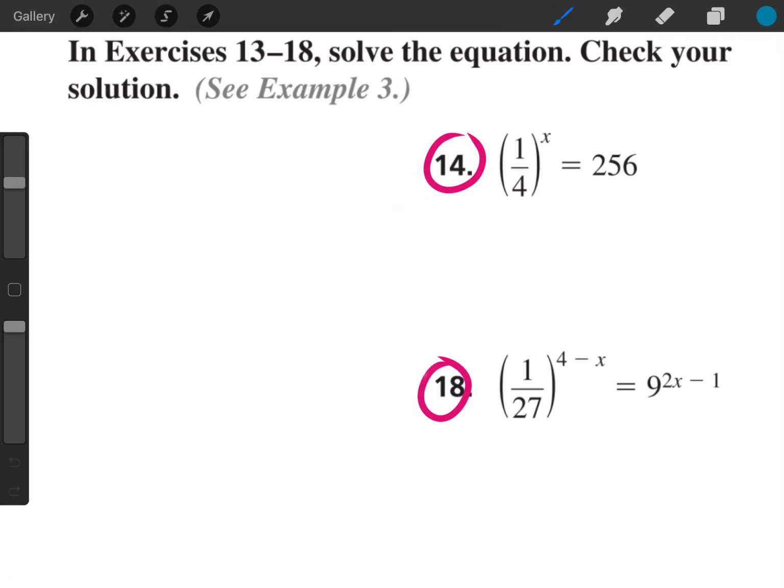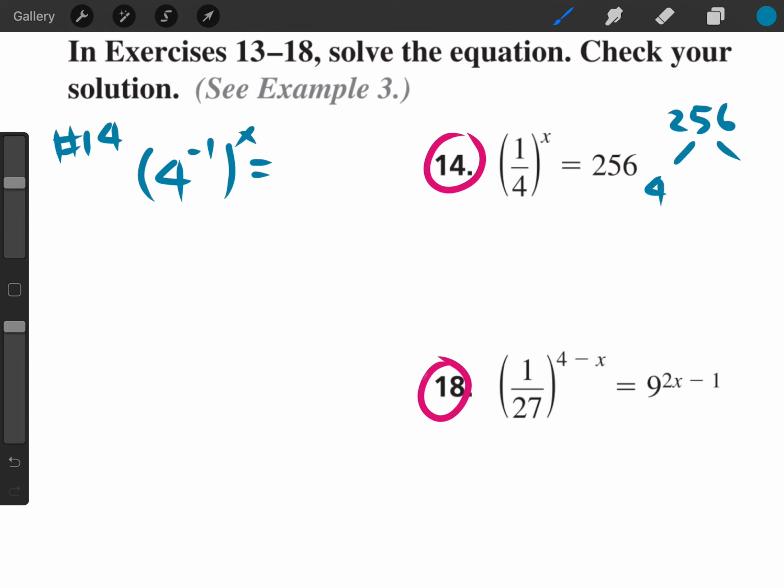Okay, so number 14. First thing I want to do is rewrite that 1/4 in a non-fraction form. So it's going to be 4 to the -1, to the x power, which equals 256. 256, you can write in factors of 4.